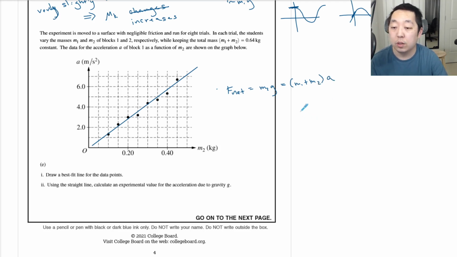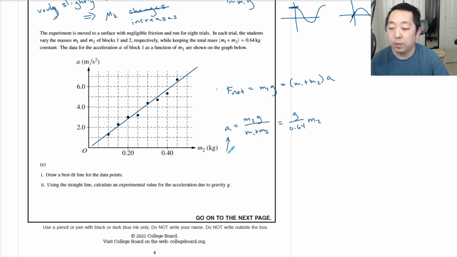And so the acceleration, which is the y value in this case, would be m2g over m1 plus m2. But we know m1 plus m2 is constant, so this is simply g over 0.64 times m2. Okay, so that's our relationship.